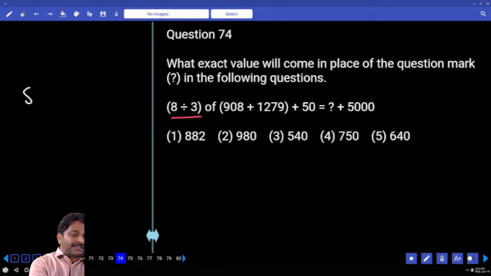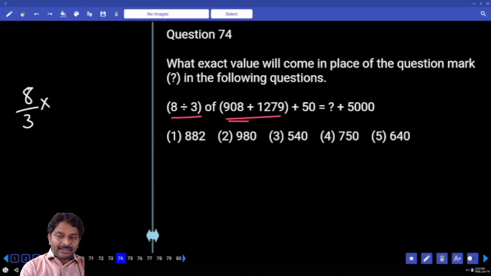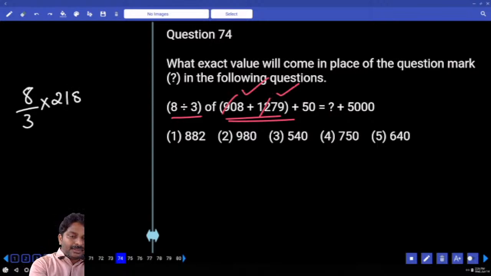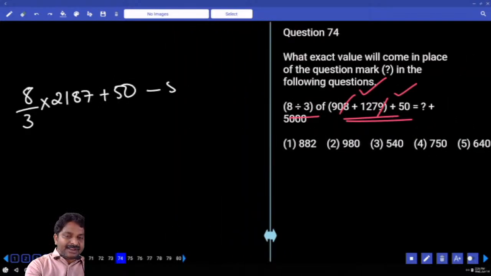Next, first 8 by 3. Of in the sense into. Again, second bracket: 1200 plus 900, 2100. 8 plus 79, 87 plus 50. Right hand side 5000 will come to the left hand side, becomes minus 5000.